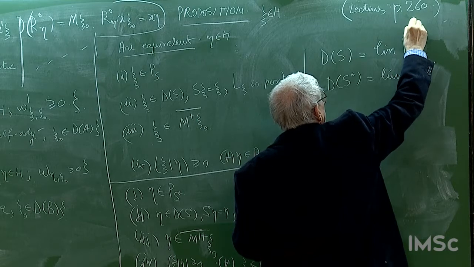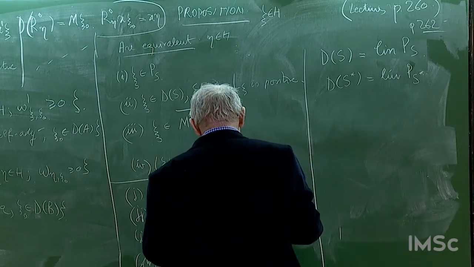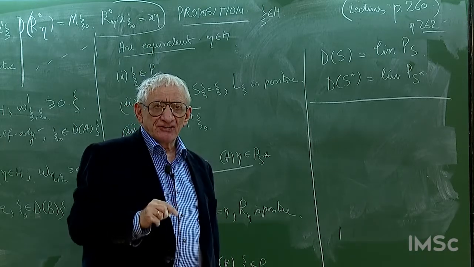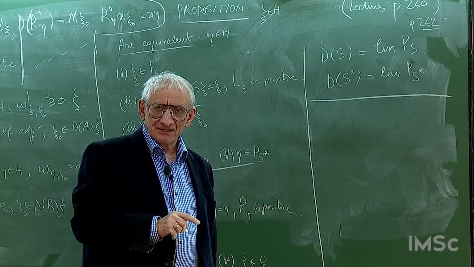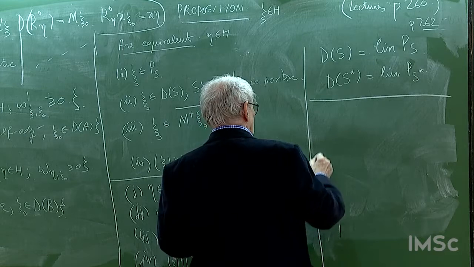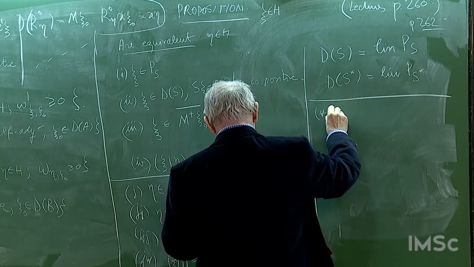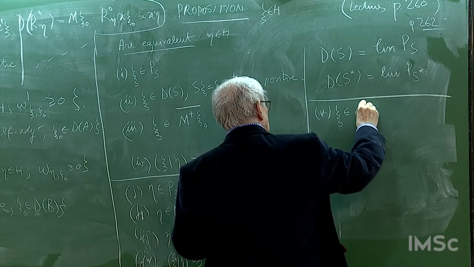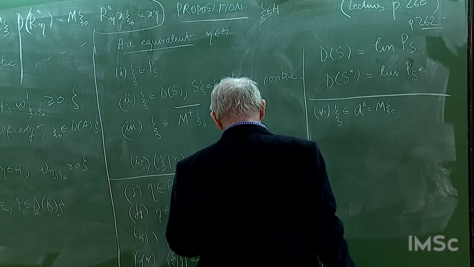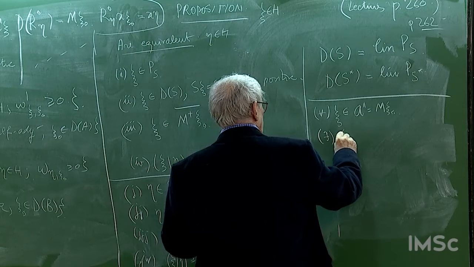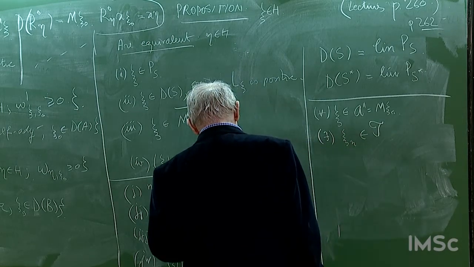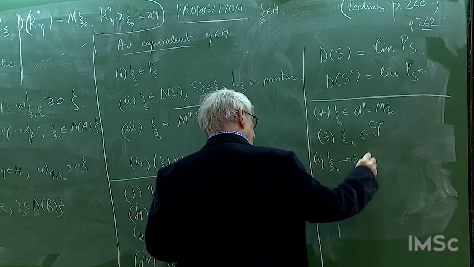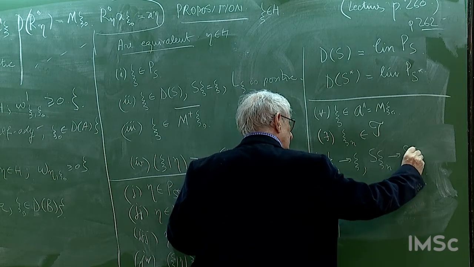I put the same thing, page 262. Now, one more thing is that with the same kind of approximations as we did for the Tomita algebra, we will get the following thing: for any psi belonging to M psi 0, there is a sequence psi n in the Tomita algebra such that, first, psi n converges to psi; S of psi n converges to S psi.